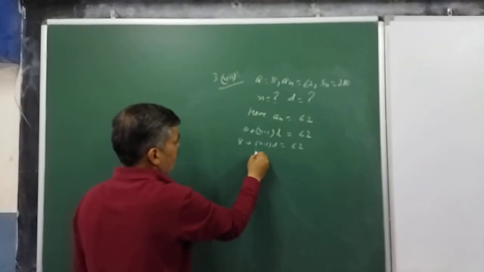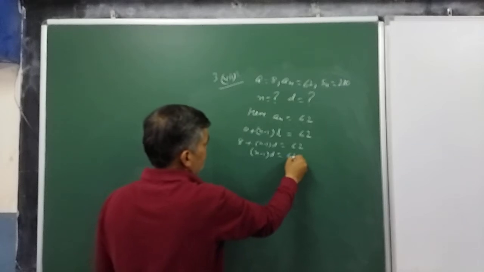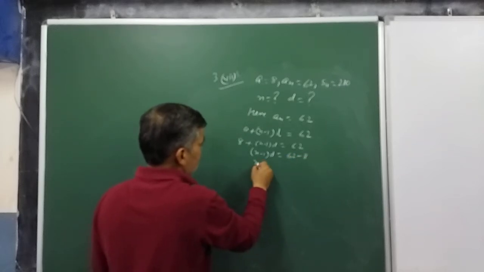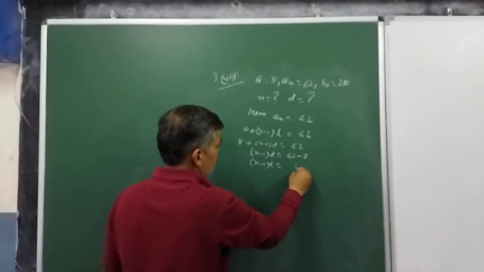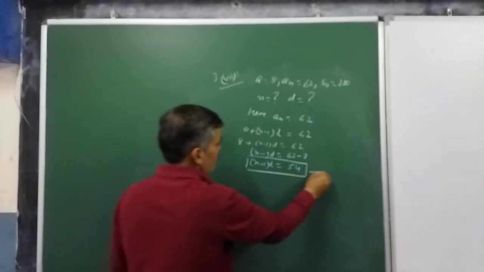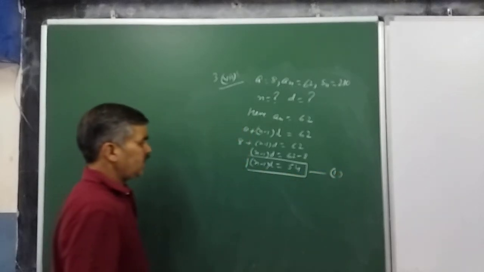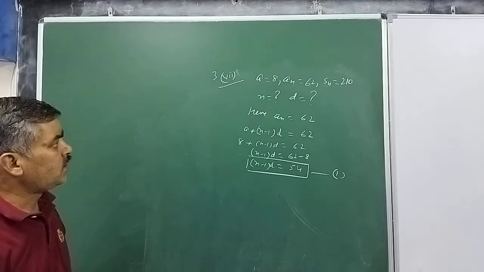So from here n minus 1 into d, I can write as 62 minus 8. So n minus 1 into d I am getting is equal to 54. Let us take it number 1. N minus 1 into d is equal to 54.